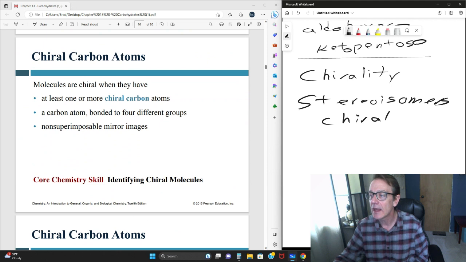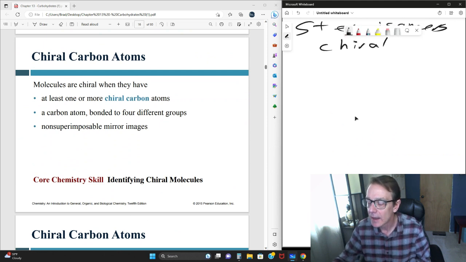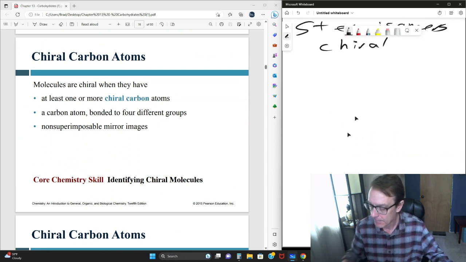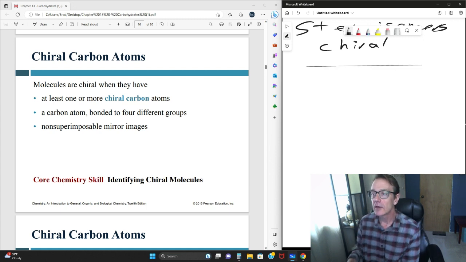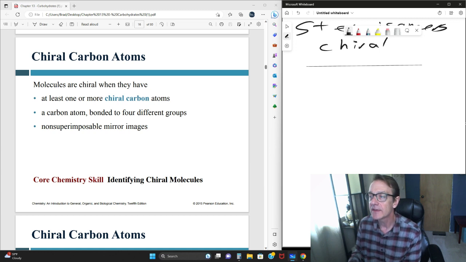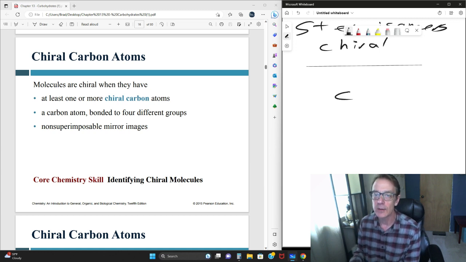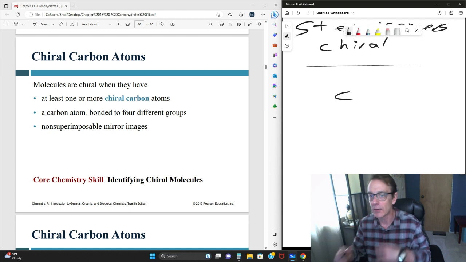Now, when we're looking at organic chemistry and chirality, we have a chiral center anytime we have a carbon that is bonded to 4 different groups. That's what makes something chiral. And I'll show you why.